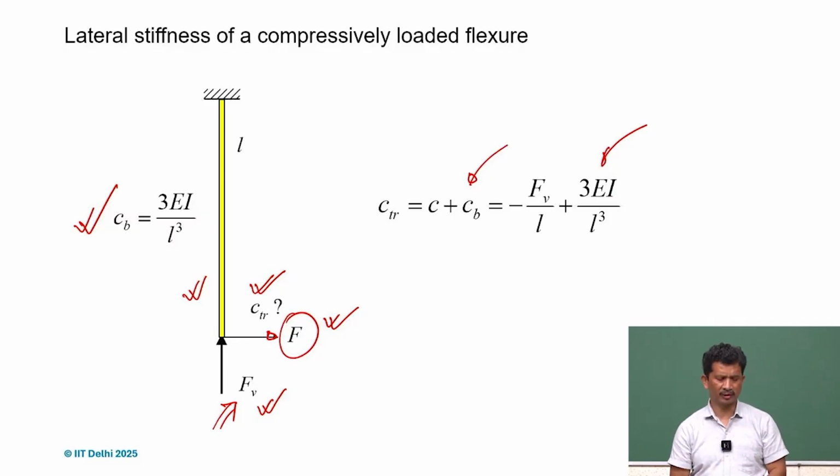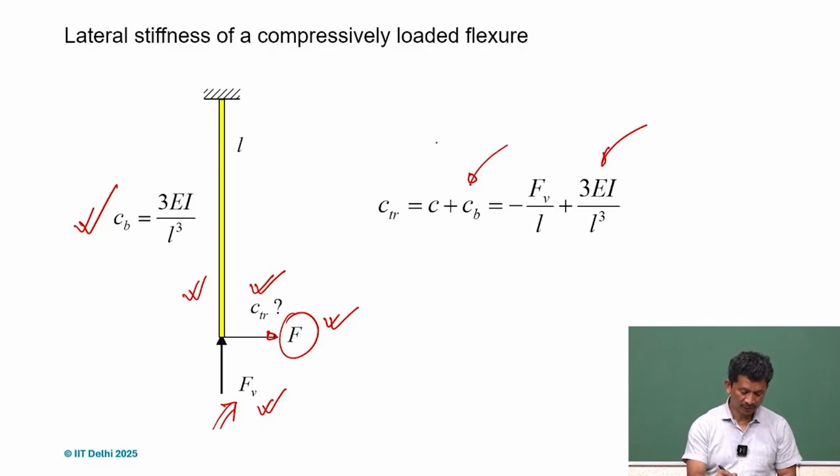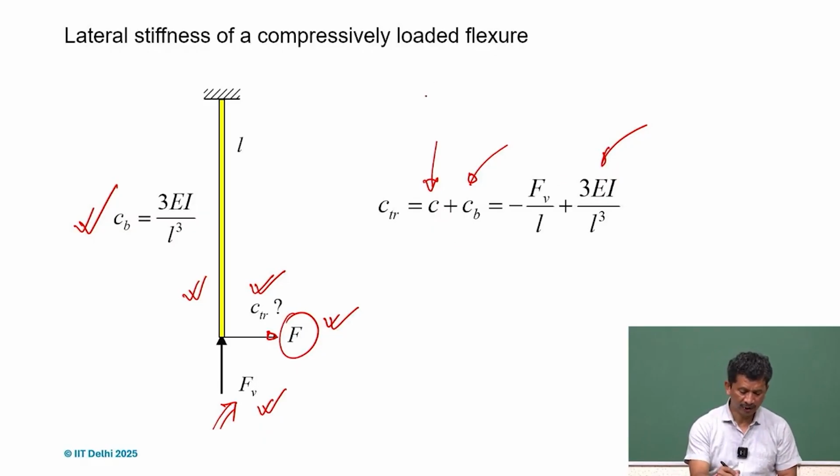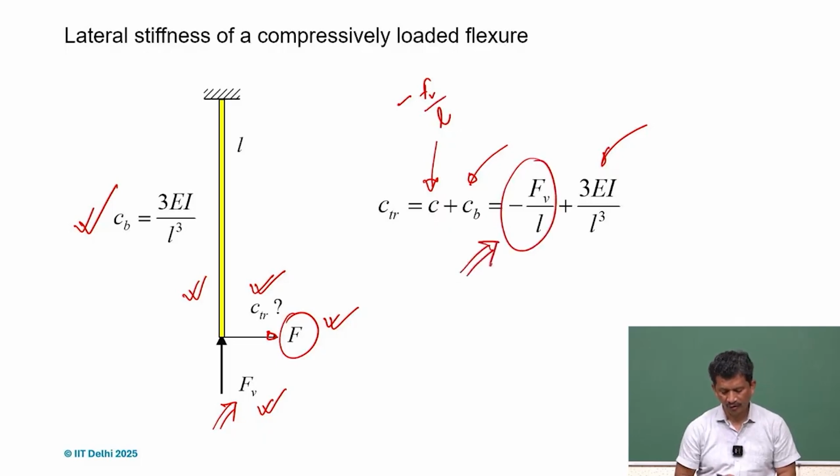We have to always apply the force, but because of the arrangement and what we have seen earlier, if we apply a negative force, or force in compression, we get Fb by L, and since it's negative, there is a minus sign. So we see a very good arrangement here.